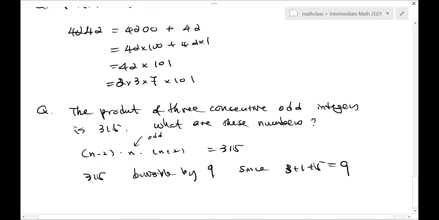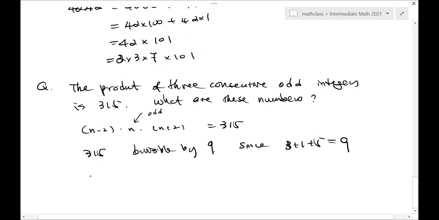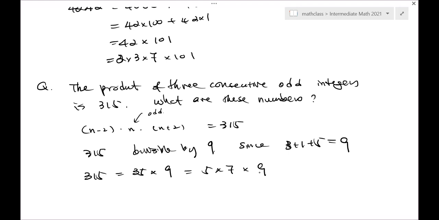So now you can just divide by 9, and after you divide by 9, it's going to be 35. Then 35 is 5 times 7, and then you get almost a proper factorization. You don't need to factor 9, but you see that these are 3 consecutive odd numbers. So you solve the problem.